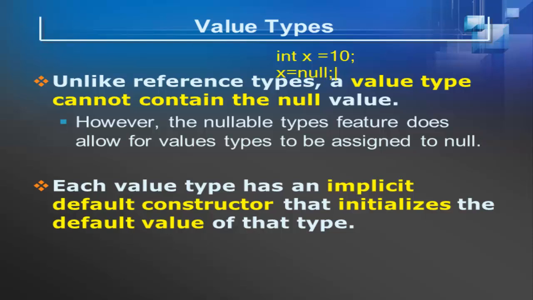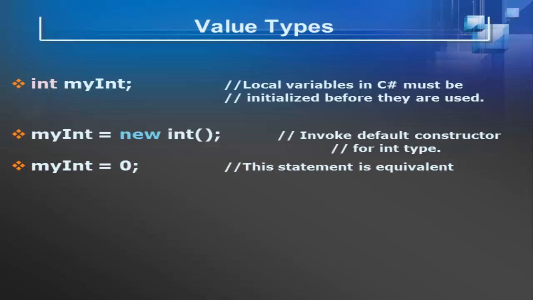The reason is, int is placed in the stack, so naturally when I say x, I expect an integer type of value to be placed here, not a reference type, that is the null. So I cannot think of putting the null value here because it will violate it. However, there is a workaround for that, and we will see how to go about it.